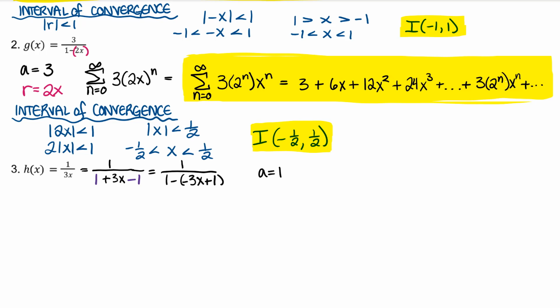Now I know that, well, I always knew my first term was 1, but now I know the common ratio is -3x plus 1. As usual, it's better if x doesn't have a coefficient, so I'm going to factor out a -3 before writing it in the summation form.